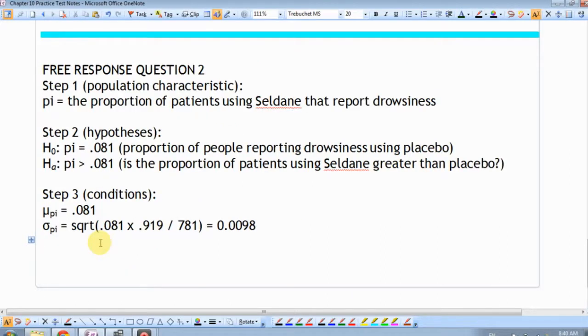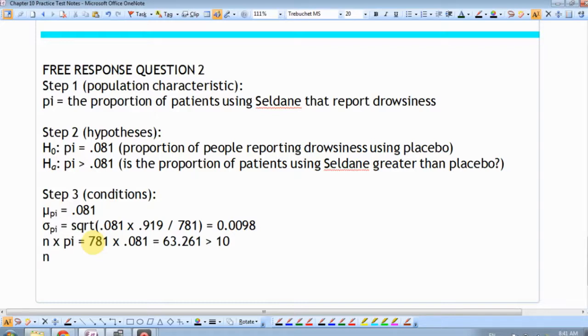Okay, and lastly, n times pi. That's going to be equal to 781 times 0.081, which is greater than 10. N times 1 minus pi. That's going to be 781 times 1 minus 0.081.